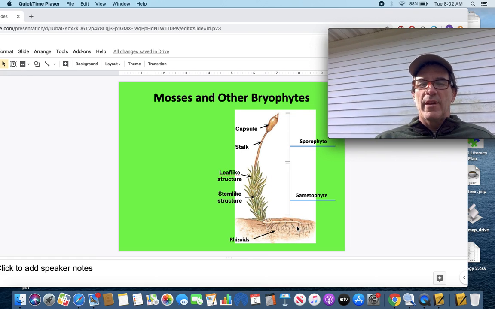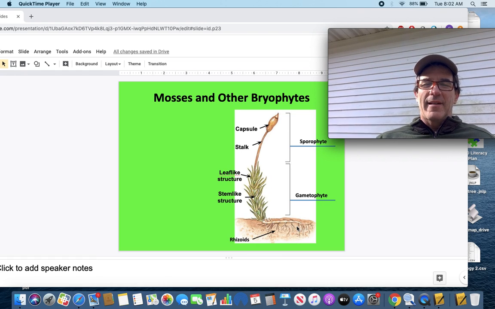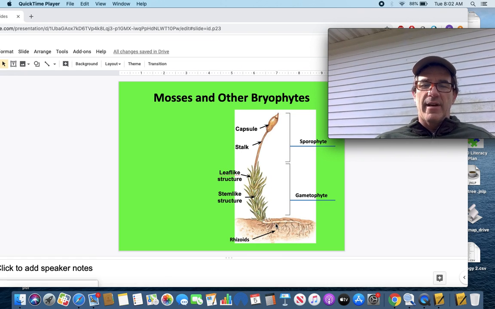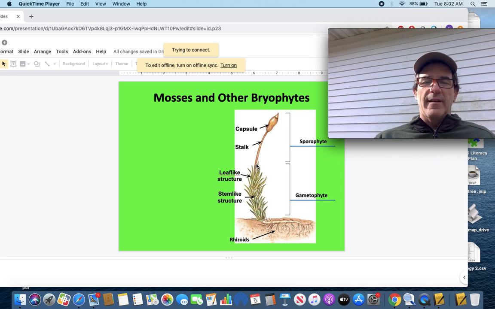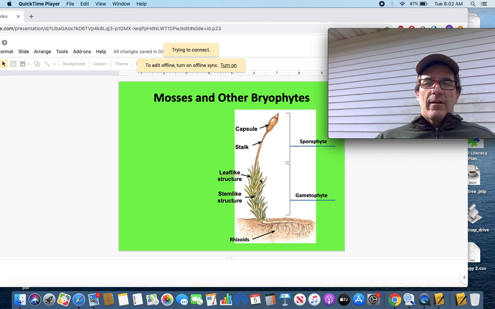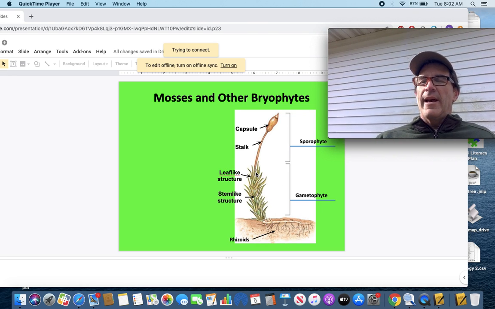Remember that for the test next week. It's a root-like structure. We can't call it a true root because it doesn't have vascular tissue, but it does the same job. It holds it in place and absorbs water. This leaf-like and stem-like structure does most of the photosynthesis. This is the gametophyte here, so all of this and the rhizoid are, you guessed it, haploid.